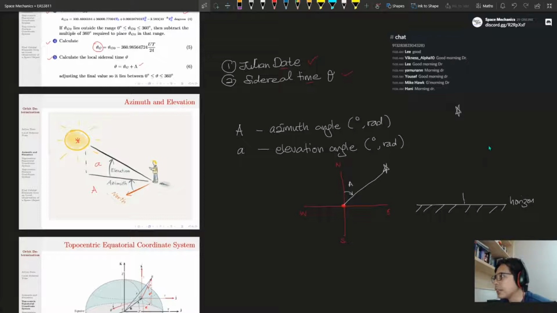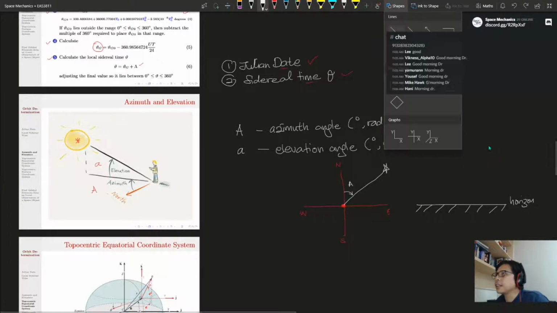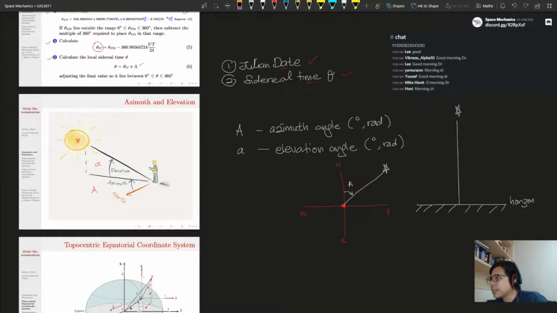You might say this is the altitude, but it makes more sense if you denote that as an angle. So the angle from the horizon to the thing that you're seeing is called the elevation angle.